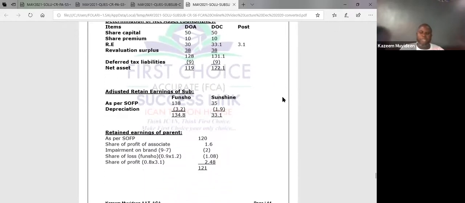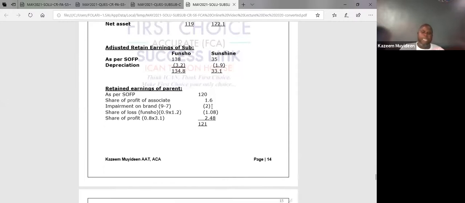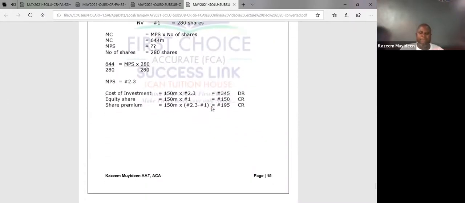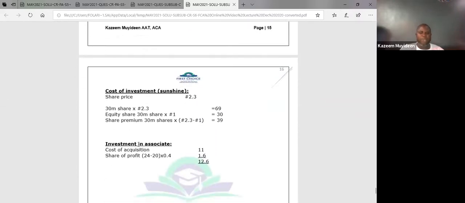I will credit the return of the parent and debit investment in associates. So how do we get the share of profit of associates? 1.6. He bought it at the cost of 11. Has it been recorded? Yes. Investment in associates, cost of acquisition 11 million. Share of profit now, it must be evaluated: 24 minus 20 times 0.4.